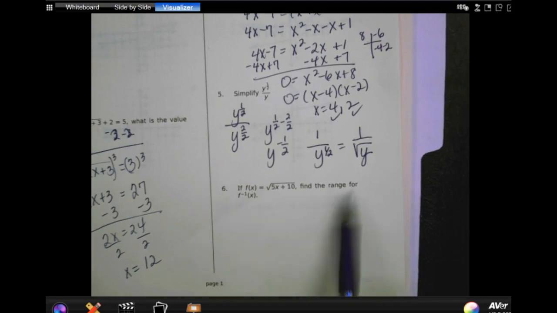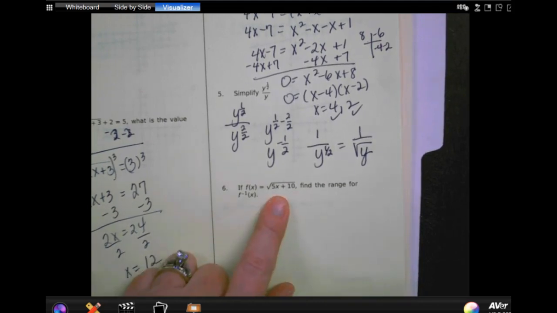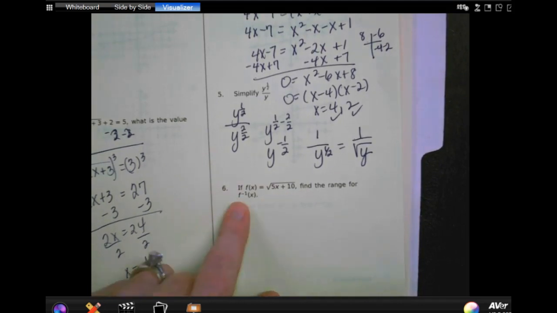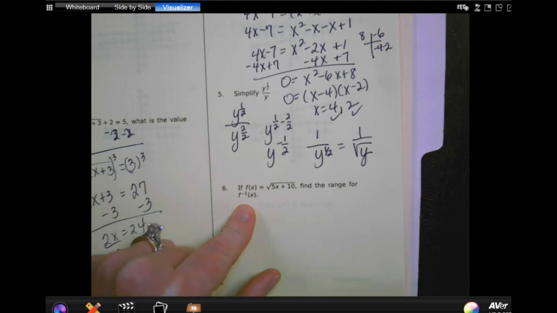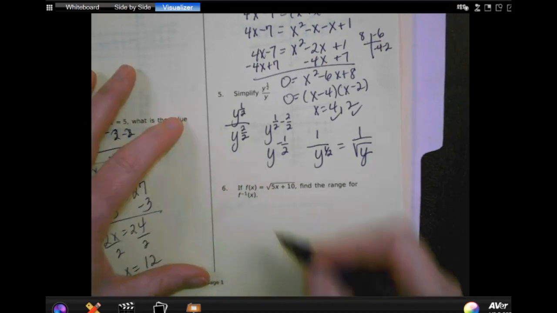Okay, what do I have to do for this one? I have to find what? The range of what? So the f to the negative 1, that's the inverse, right? So how do I find the inverse? Switch the x and the y.